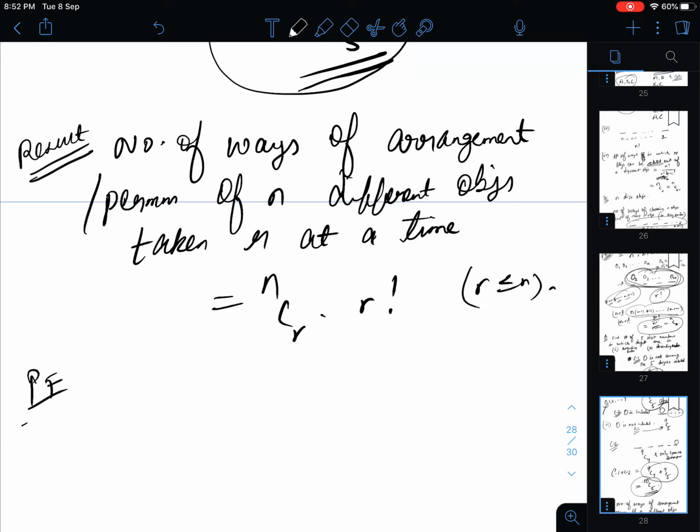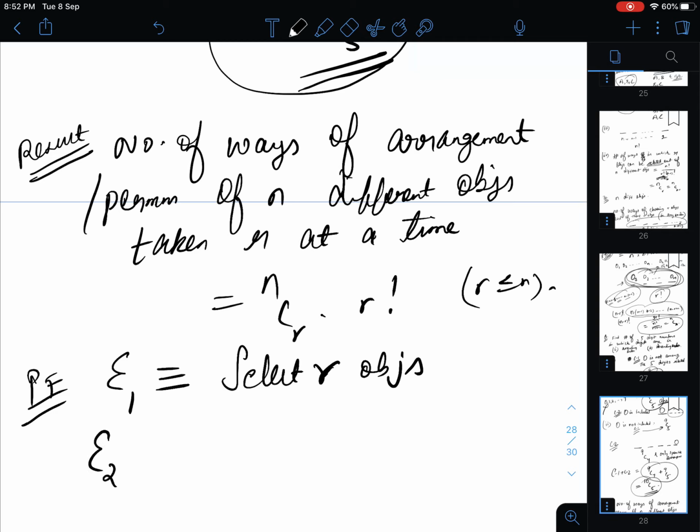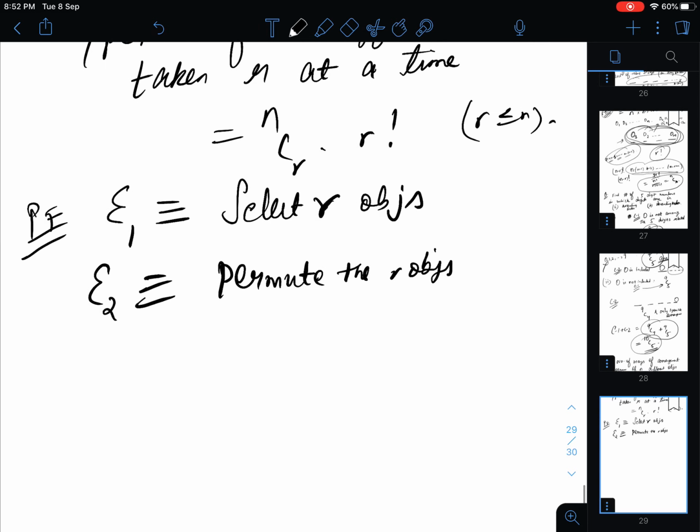Well, the proof is, suppose I say that event E1 is select r objects from n different objects, and event E2 is permute the r objects. So basically what we are asking is E1 and E2, the number of ways of occurrence of E1 and E2, and this is by the multiplication rule.